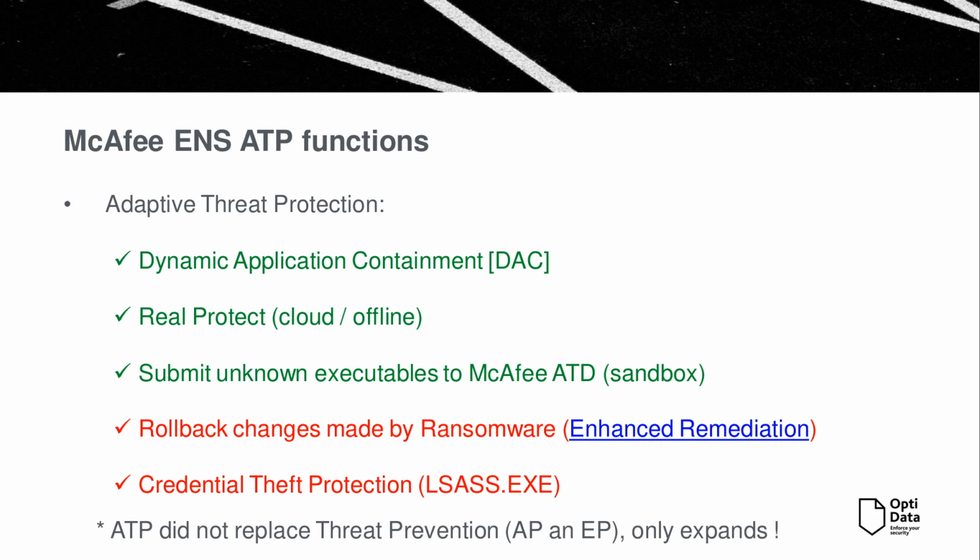But I must again ask you to pay attention that using Adaptive Threat Protection does not replace the functions of Threat Prevention. You still need the file scanner, you still need exploit prevention rules, and you still need access protection rules. So all this must be used in complex.